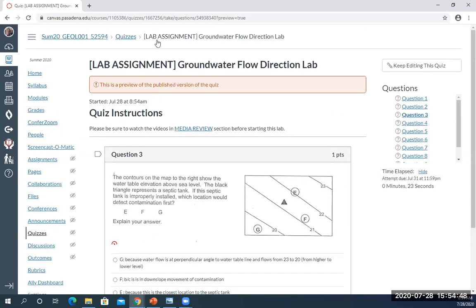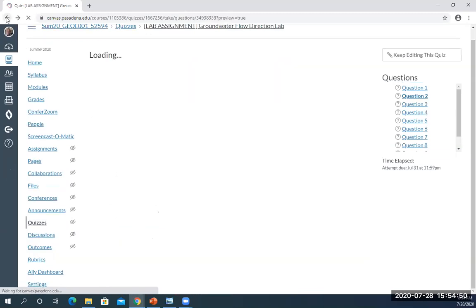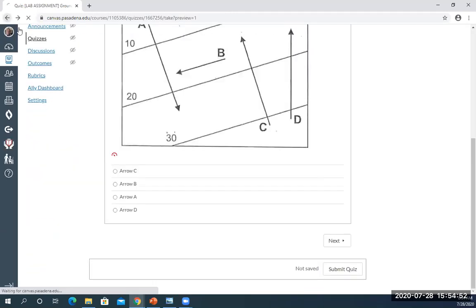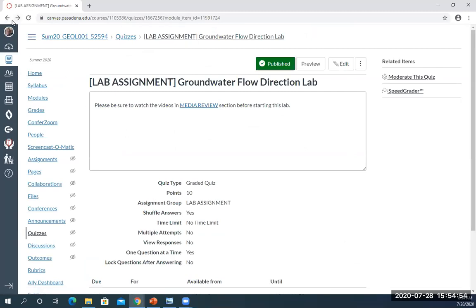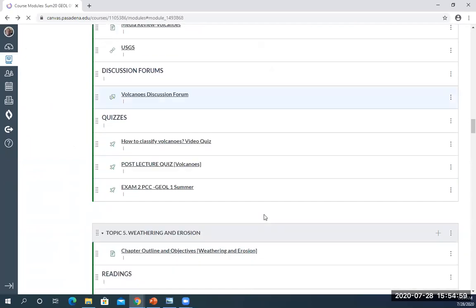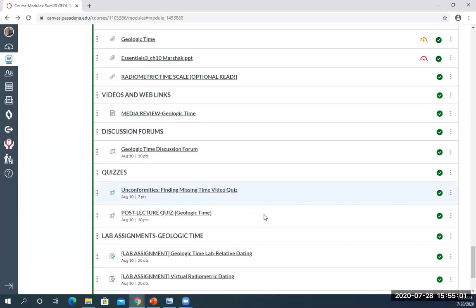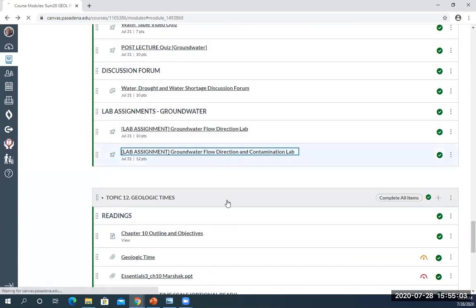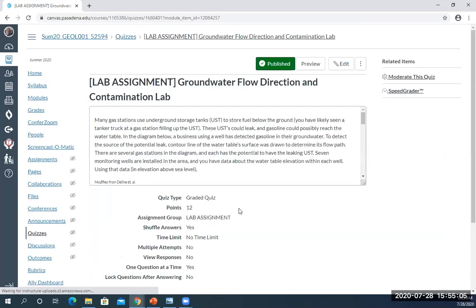Okay, that's one thing, and then we're going to see another one, which is a similar topic, basically a different version of that, groundwater contamination flow.